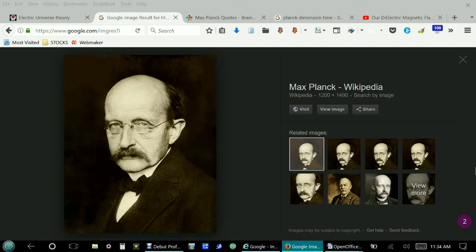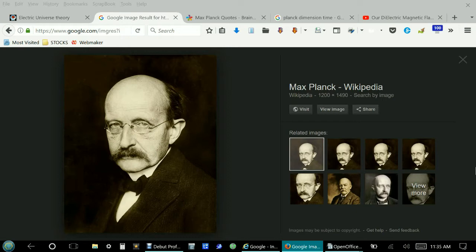Now I'm going to introduce you to Max Planck. He won the Nobel Prize for Physics in 1918, and what he discovered and is famous for is Planck's dimension and Planck time. And what is Planck's dimension and Planck time? He noticed that an electron or photon flashes into view and then out of view, into view and out of view, like a pulsing light. The pulsing into view is an electric effect, and the pulsing light inward is the magnetic effect.